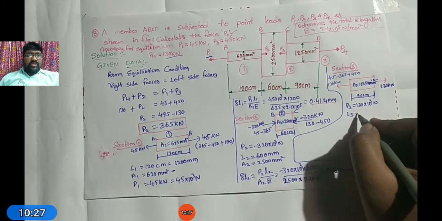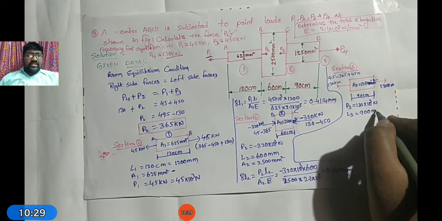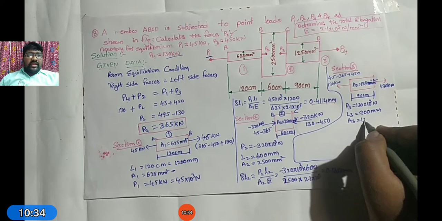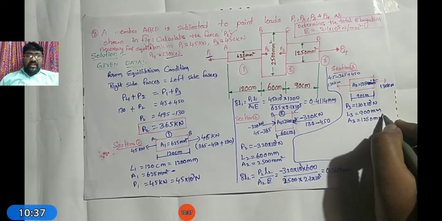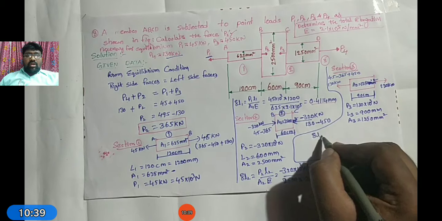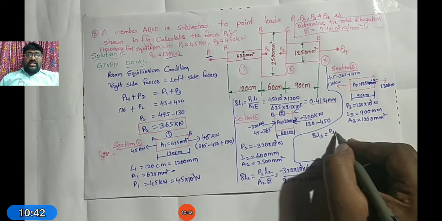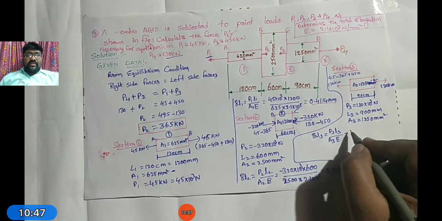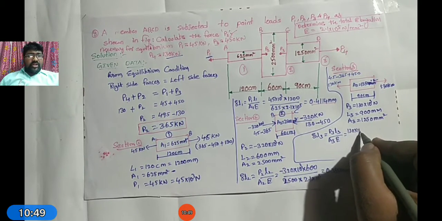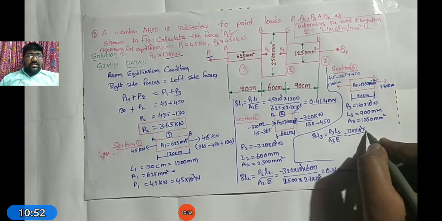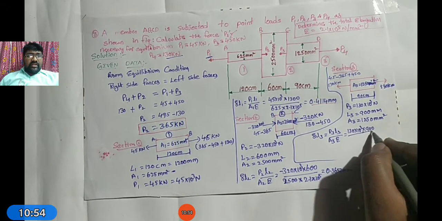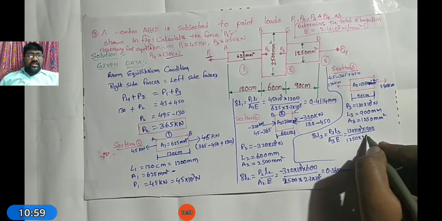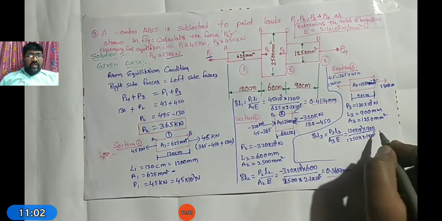Convert into newtons, that is 130 into 10 cube. Length is 900 millimeters, that is 90 centimeters converted into millimeters, and area is 1250 millimeters square. Substitute all these values in the change in length equation, that is P3 L3 by A3 E. P3 as 130 into 10 cube and L3 as 900, A3 as 1250, and Young's modulus is 2.1 into 10 power 5.